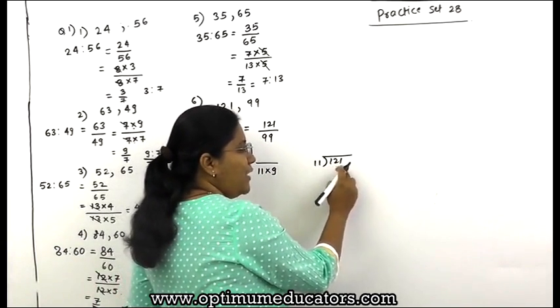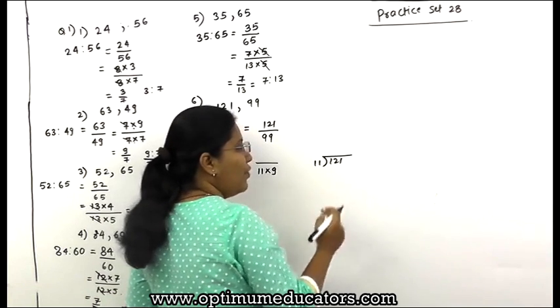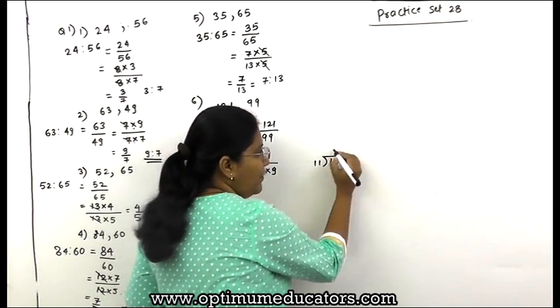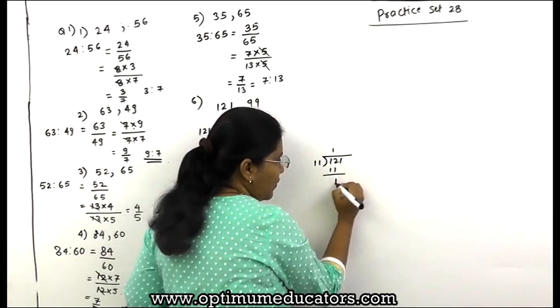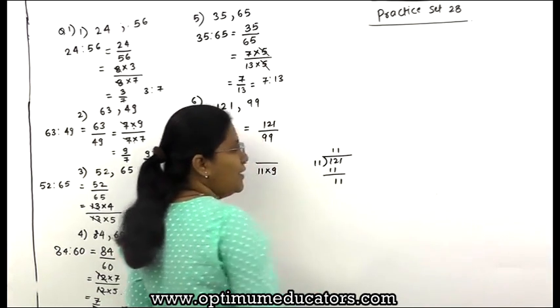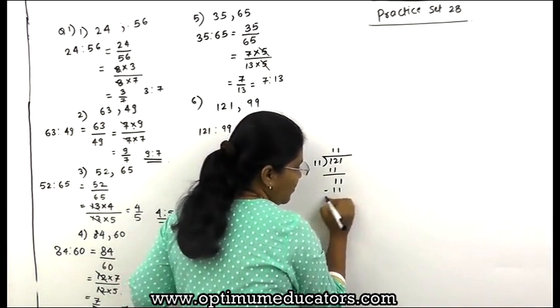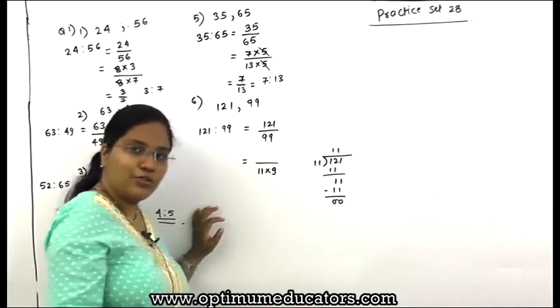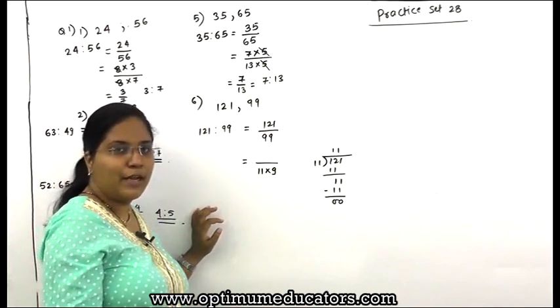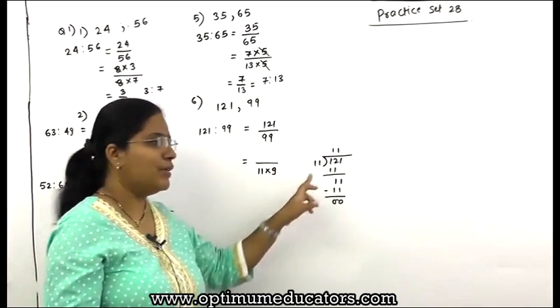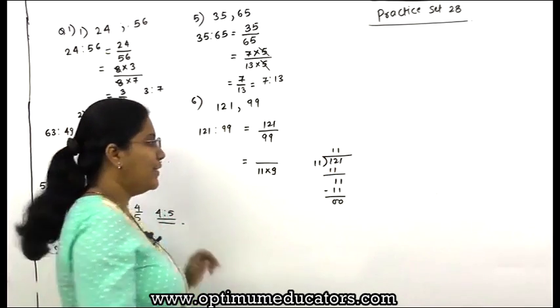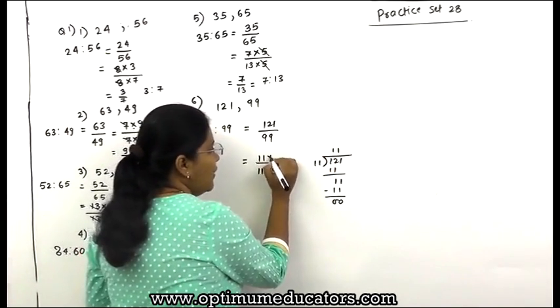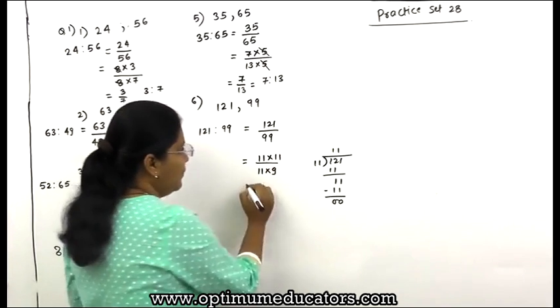Is 121 a multiple of 11? That is what we want to check. So 11 ones are 11 and 11 ones are 11. Okay, so it is actually a multiple of 11. 11 into 11 happens to be 121.